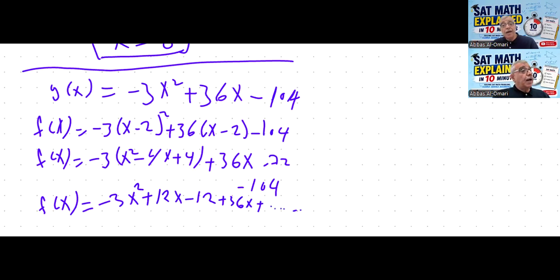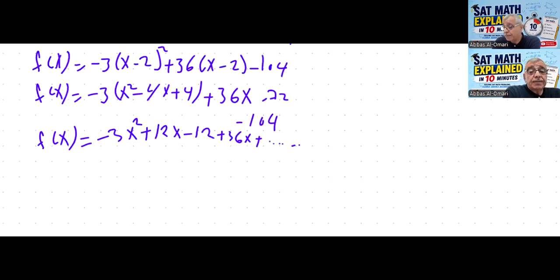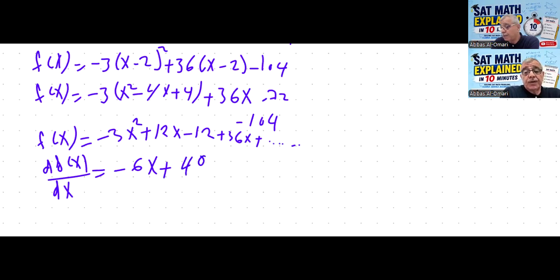Because I want to take the derivative, and the derivative of the constant is 0, to save time I will not care about the constant. So df/dx equals minus 6x plus 12 plus 36, which is 48, equals 0.